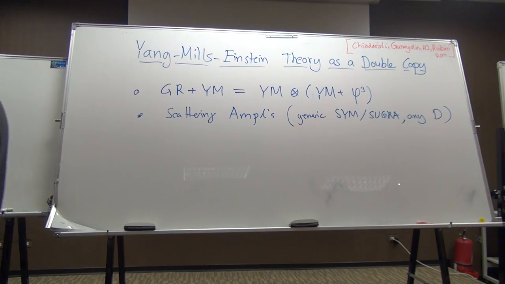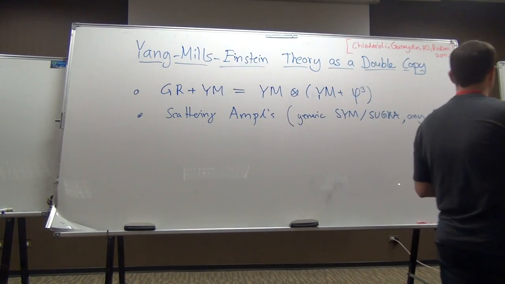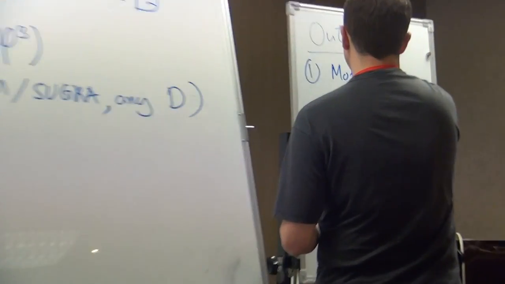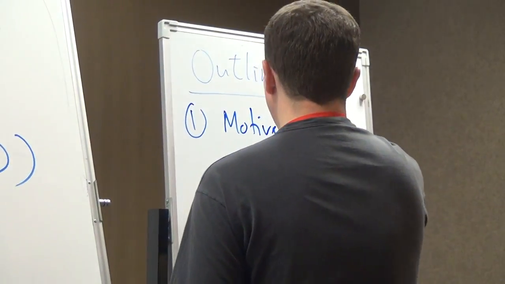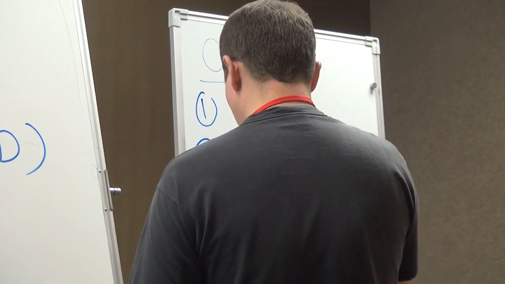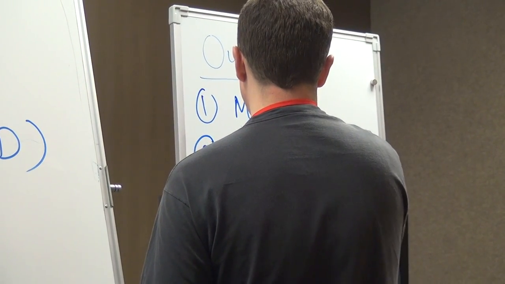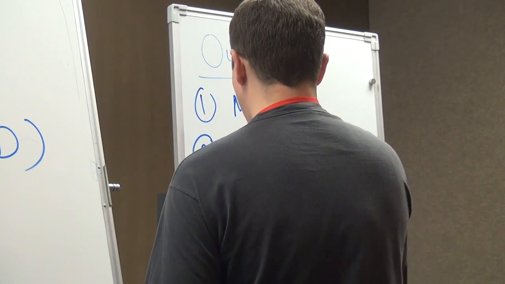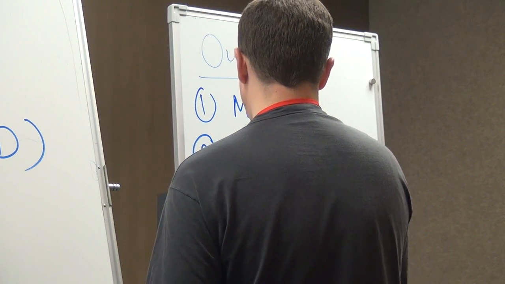Okay, so in order to explain it, let me go to some background. Maybe I should write up what the outline is going to be. So first of all, there's going to be some motivation. And then I'm going to talk about what's known as color-kinematics duality. And then the double copy.